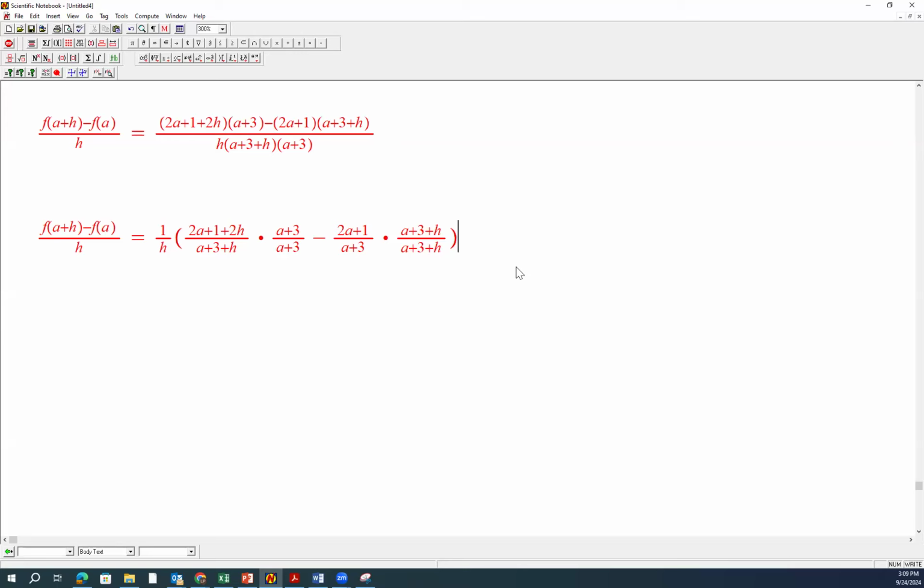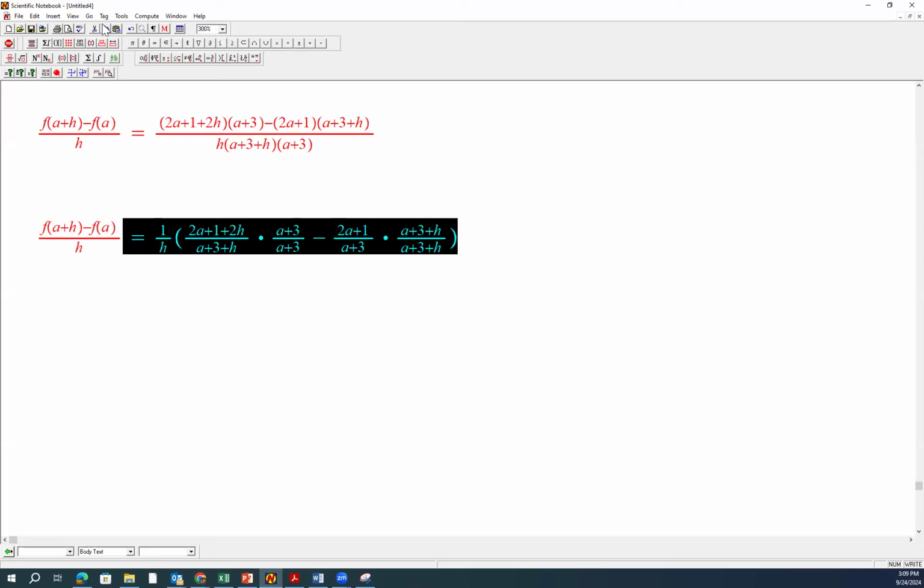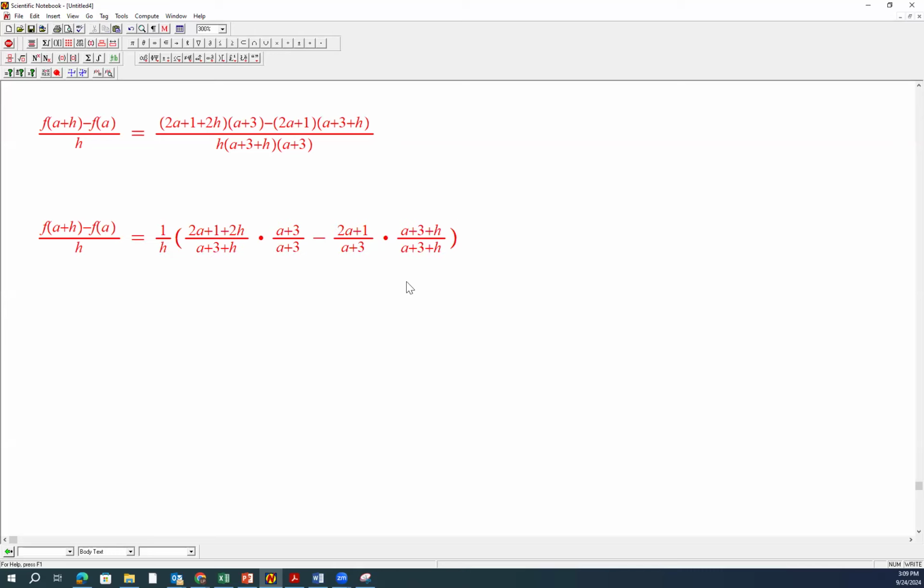And next, we have the same denominator. We're going to take a numerator times the numerator. So write one more line. This piece will multiply with that piece.